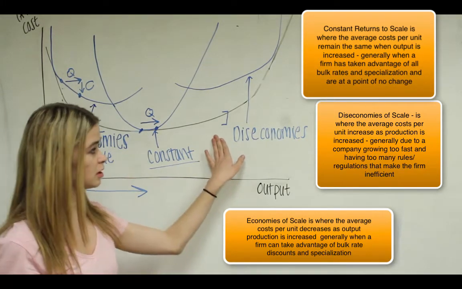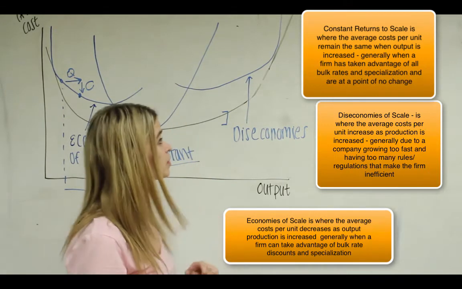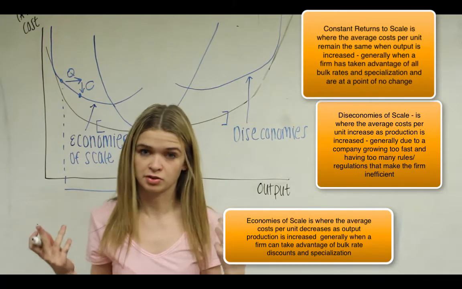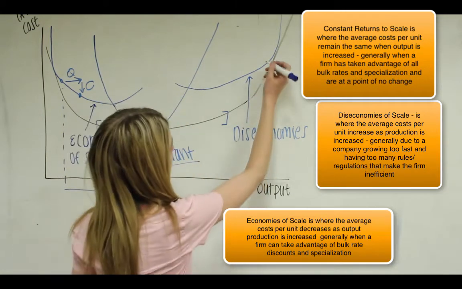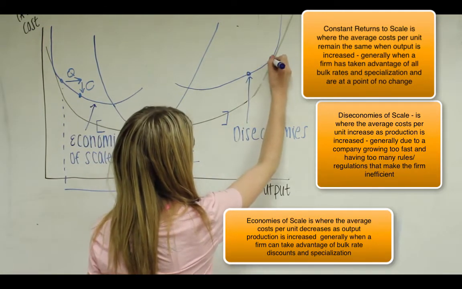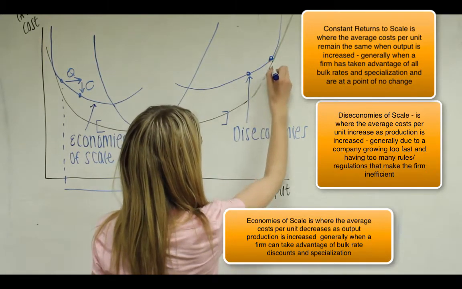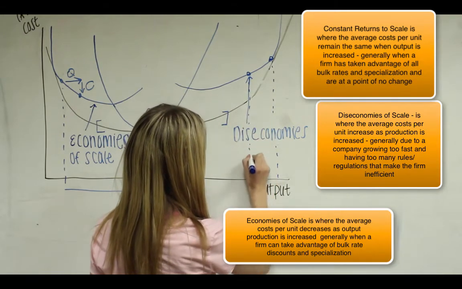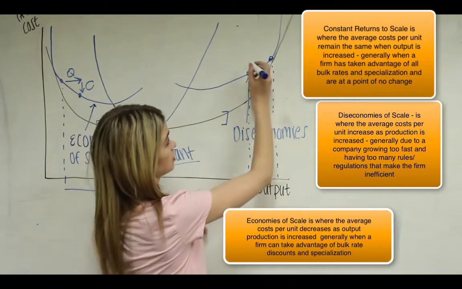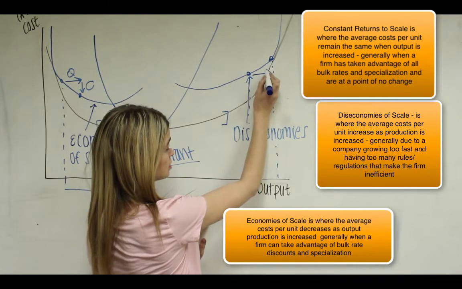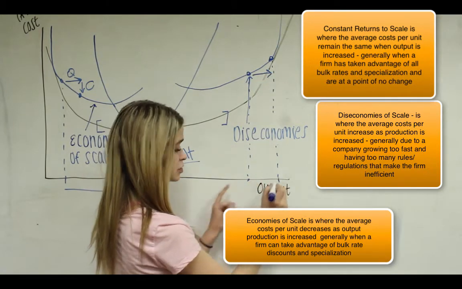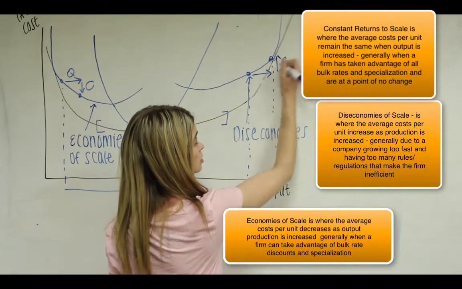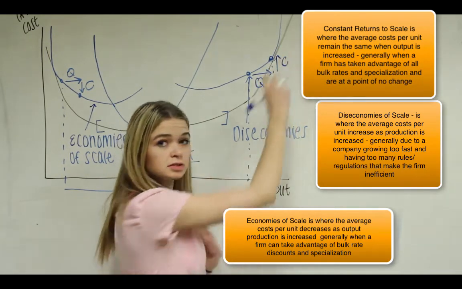And for the final one, in a diseconomy of scale, when our output increases, our cost also increases. So looking around here, as our output increases from here to here, which are just hypothetical points, our cost increases.